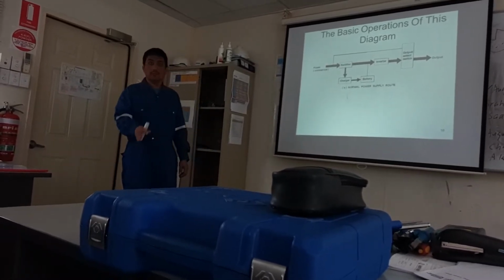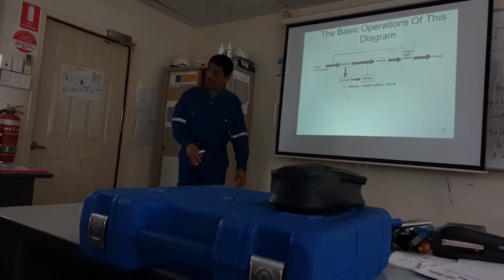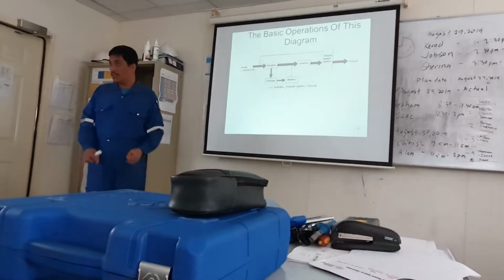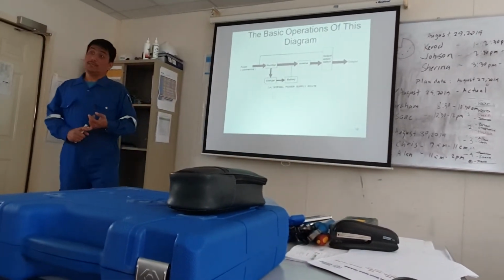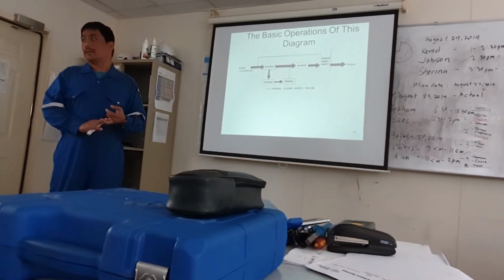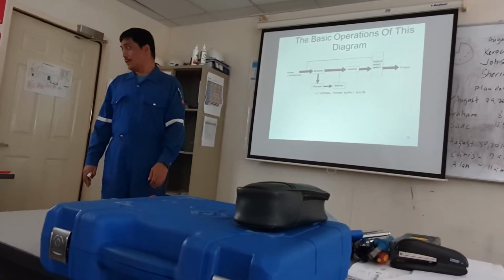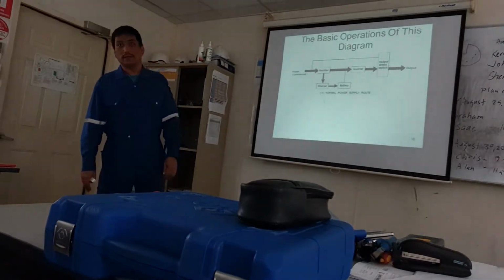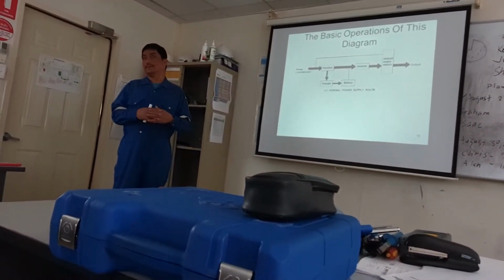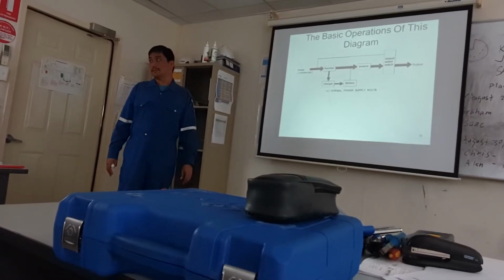Then when it is converted to AC, what kind of equipment do we use for inverter? We have the ASD. ASD is using inverter, remember that? Okay. What else? Okay. The UPS.